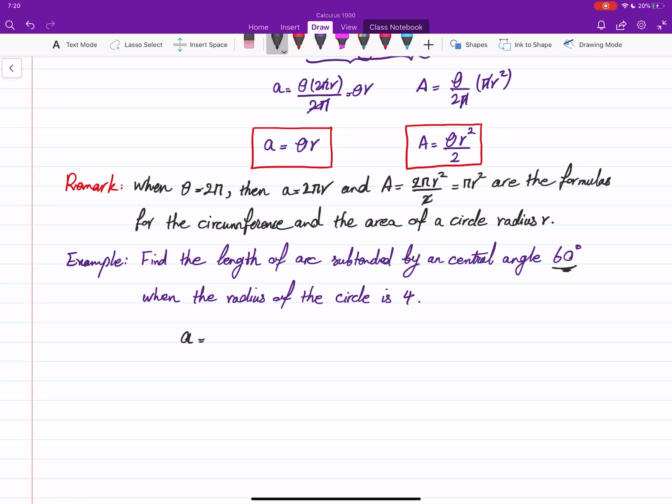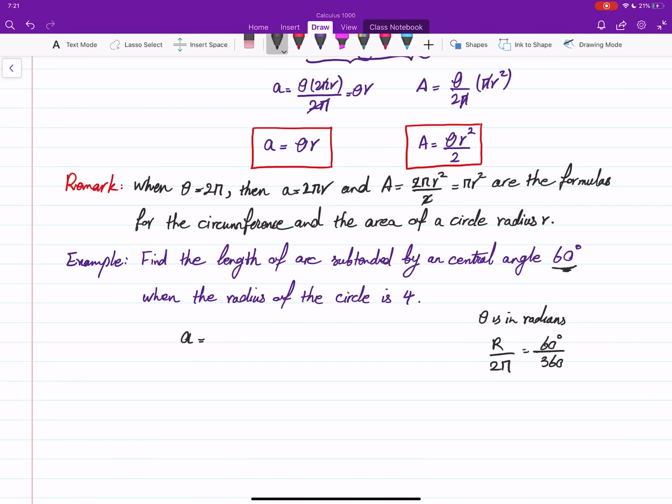Well, you have to be careful. Theta needs to be in radian. So we have to first turn 60 degrees into radian. What is this?